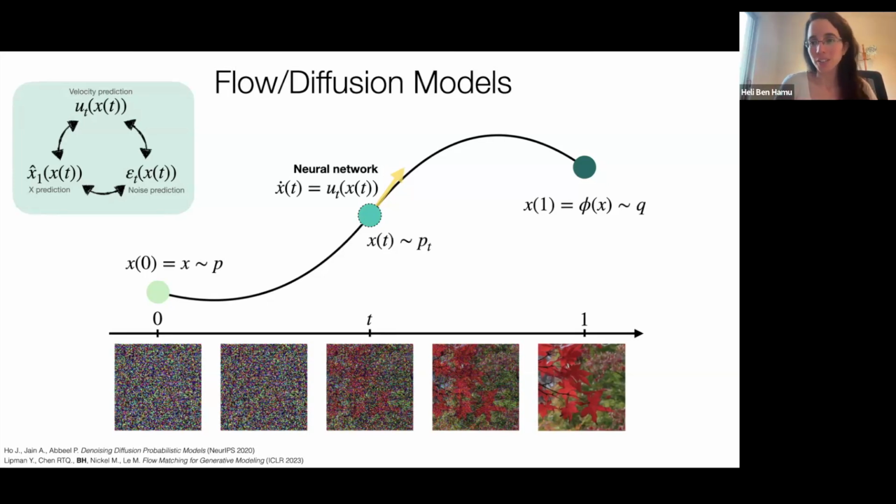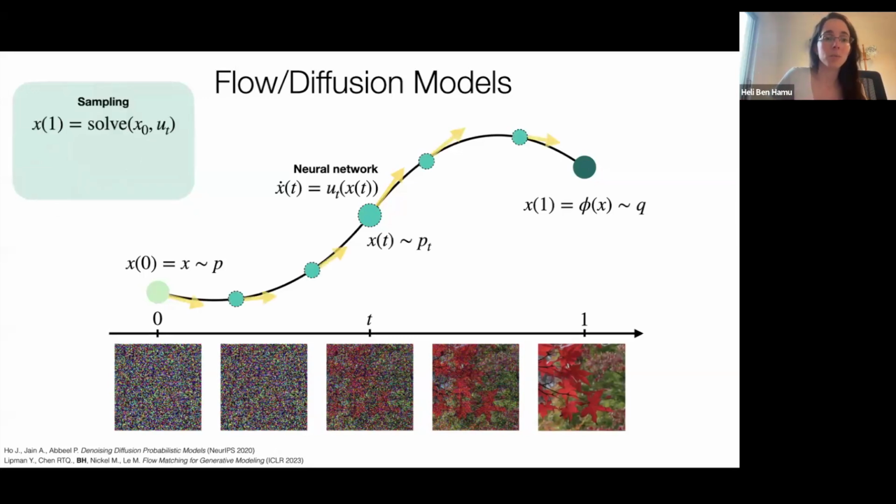Okay, so the generative model that we're going to look into today is a flow model, but it could also be a diffusion model. We said that our model is parameterized by this ut function, which is the neural network. And how do we sample from such models? As I already mentioned, we go along the trajectory that is defined by this velocity field, and typically we use some ordinary differential equation solver.